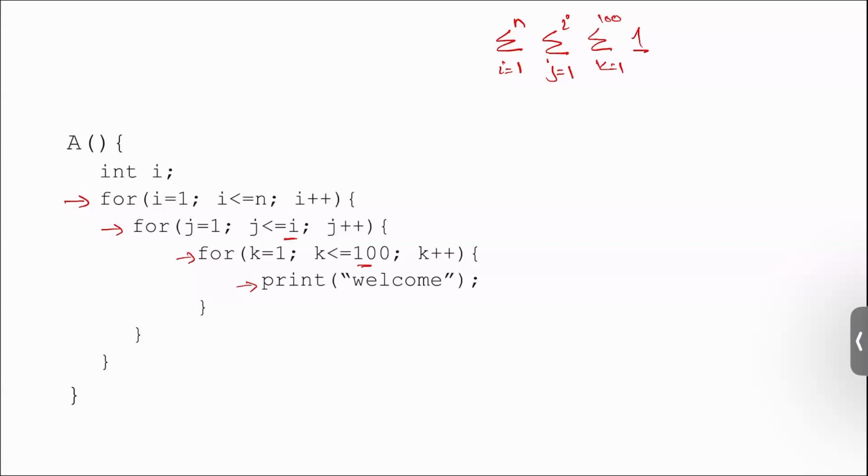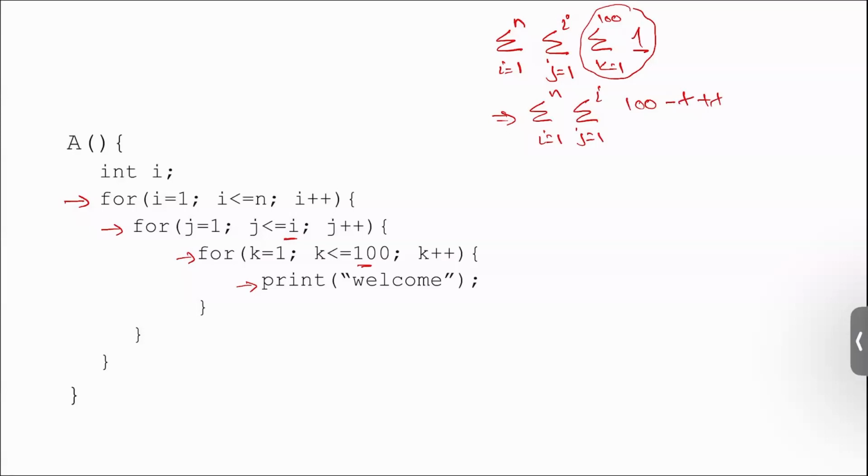Now we have to solve this summation. How to solve this one? Obviously, we solve the innermost sum equation first. So I is going to start from 1 to n, which is the same, j is going to start from 1 to i. And now I have to solve this one: the upper limit, 100, minus the lower limit, 1, plus 1.